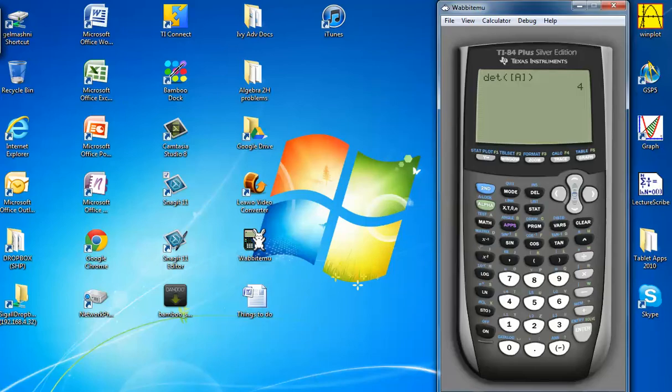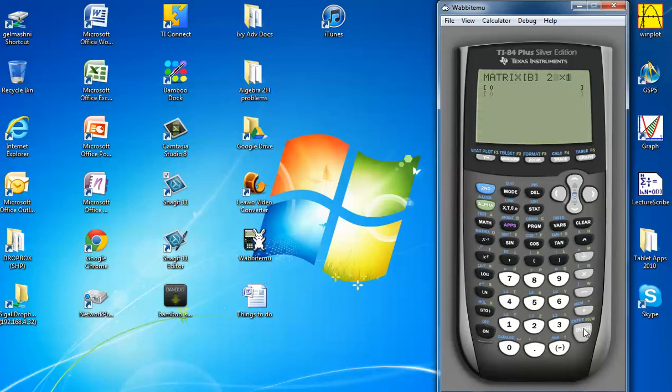So let's pull up the calculator. Go second matrix. Now we've got a 2 by 2 matrix: 1, negative 3, 2, and 1. You might want to follow along with your calculator too while I'm doing this.